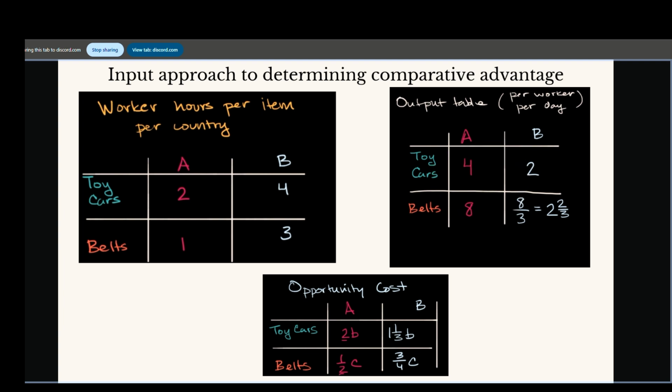And A has comparative advantage in belts, hence we know their specialties. Worker A can be better than worker B at both producing toy cars and belts, but still, the specialty of worker A is belts, and the specialty of worker B is toy cars.